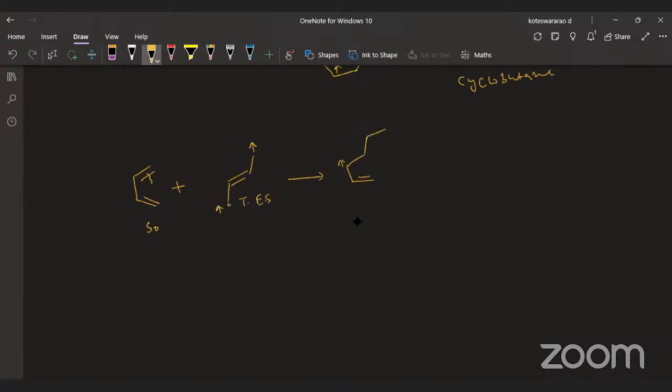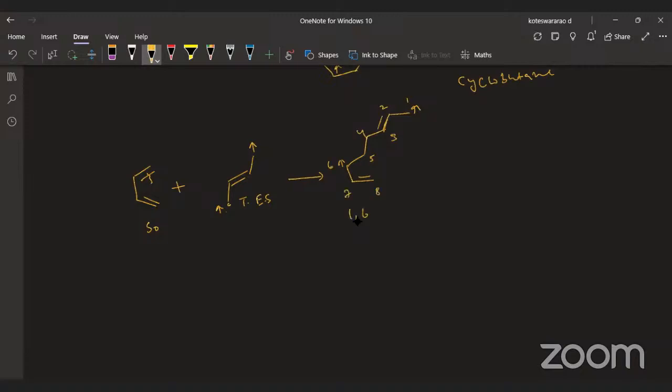Then this is the carbon, right? Here the double bond is there. This is numbered 1, 2, 3, 4, 5, 6, 7, 8.